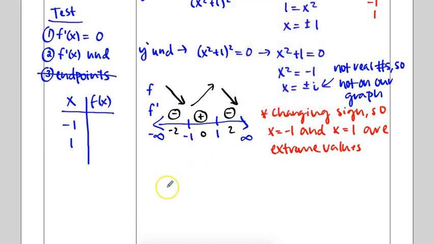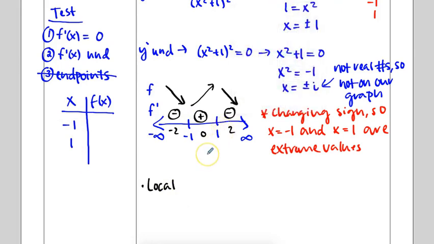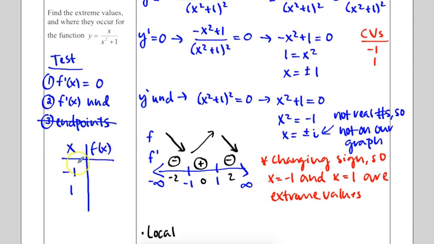We'll do this in black. All right, so we have a local, let's see, minimum. Oh, hold on. What am I doing? We need to actually calculate what our function values are there before we report. Why didn't anyone call me out? Okay, so if I plug -1 into our function f of x, we'll have -1 over 2, so -1/2. And then 1 over 2, +1/2.